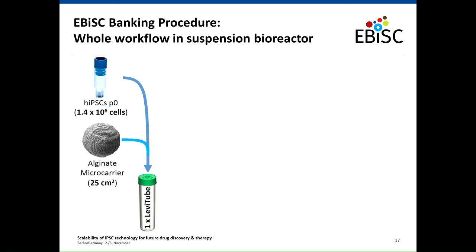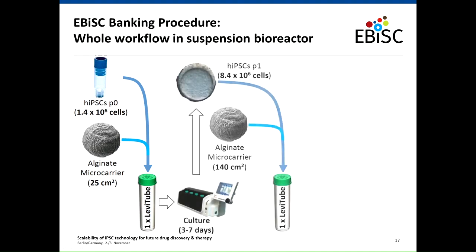So this is now how the transfer of the banking procedure looks like. We started with 1 vial of frozen iPS cells. We added 25 square centimeters of alginate microcarrier in one of the Levitator tubes. These cells have been cultivated with a special protocol in a BioLevitator for 3 to 7 days.